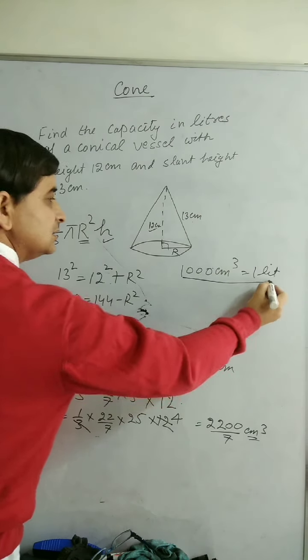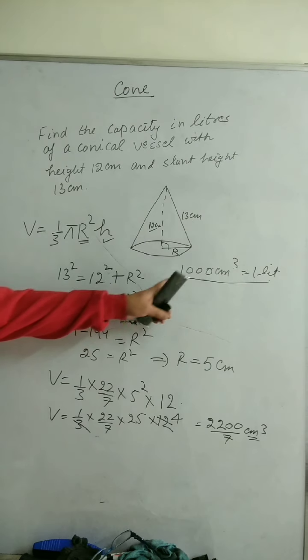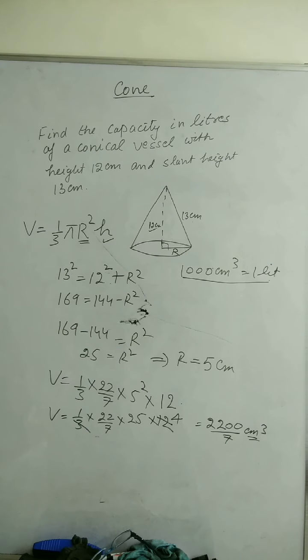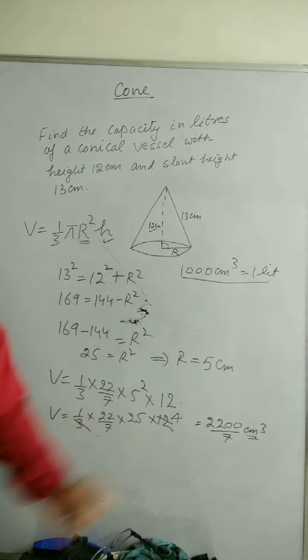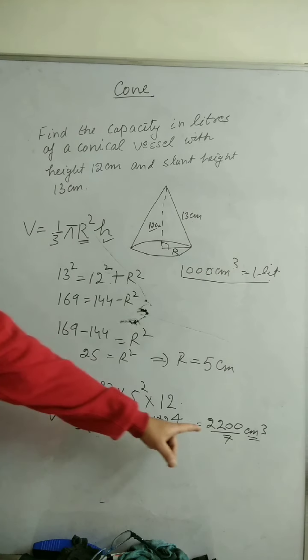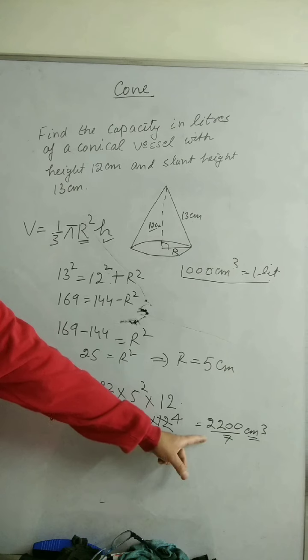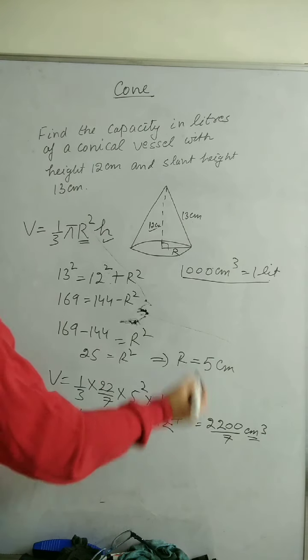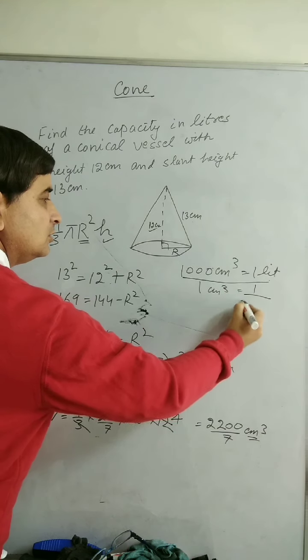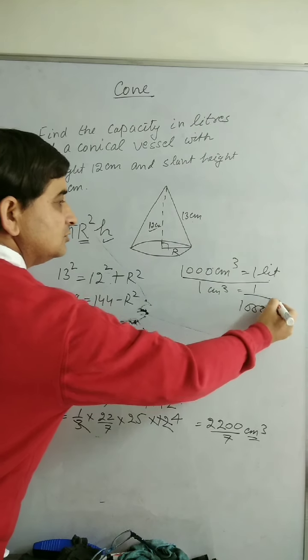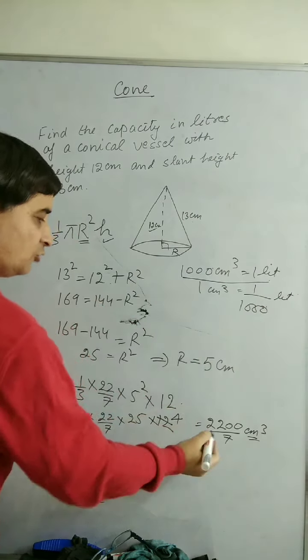This is how you can convert centimeter cube into liters. Got it? So 1000 centimeter cube equals 1 liter. You want to convert this much centimeter cube into liters. Or 1 centimeter cube will equal 1 upon 1000 liters. Therefore, how much?